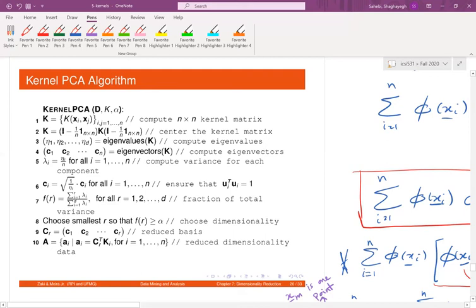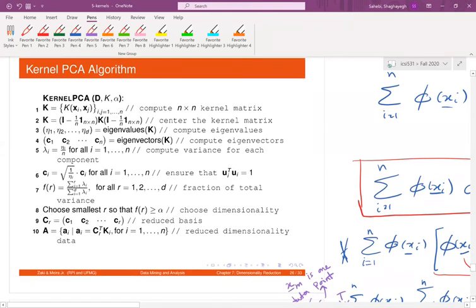Then in line 5, we are dividing our eigenvalues by n to compute the variance for each component or for each direction. And in line 6, we are dividing our coefficients by the square root of lambda i to make sure that our eigenvectors, principal components, are orthonormal to each other. So u_i transpose u_i is equal to 1.